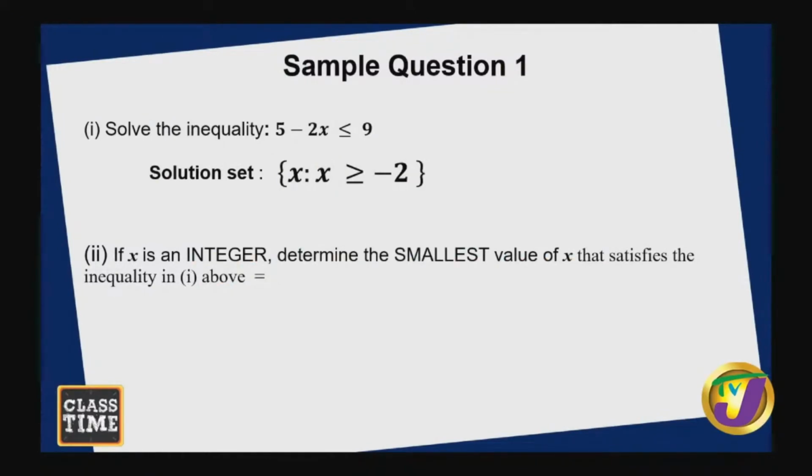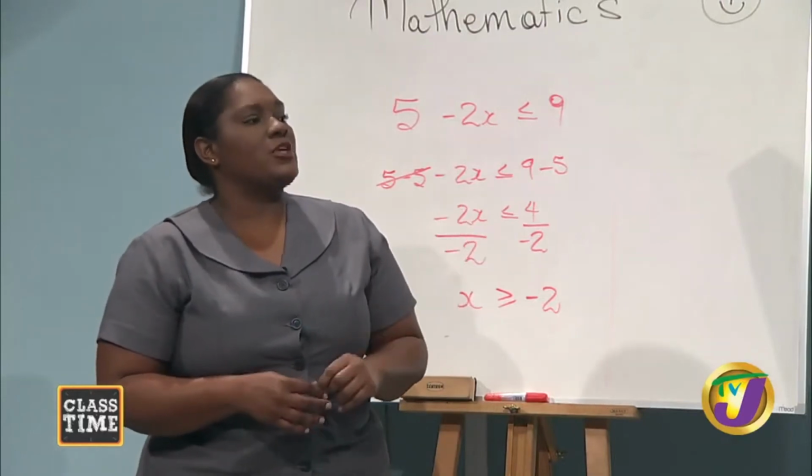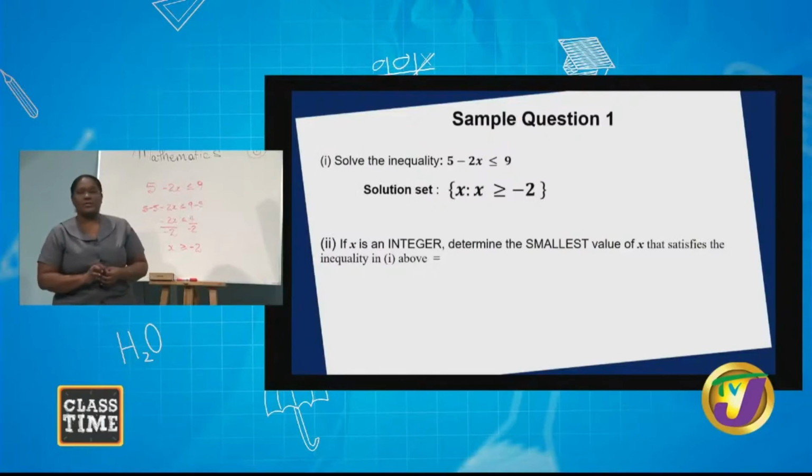Now we are to determine the smallest value of x that satisfies the inequality in part 1 above. We did a solution to say that the solution set that satisfies this inequality is the set of x such that x is greater than or equal to negative 2.